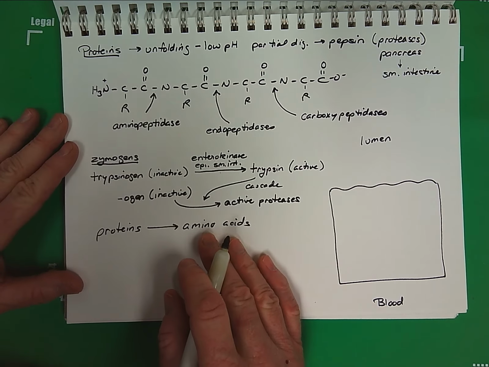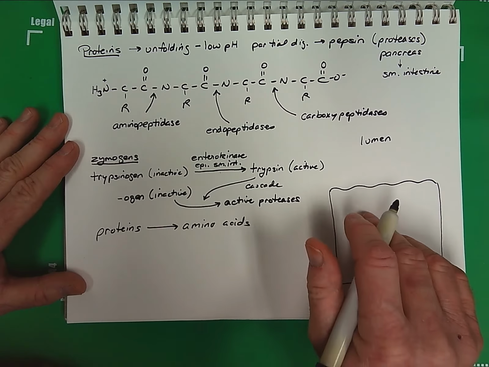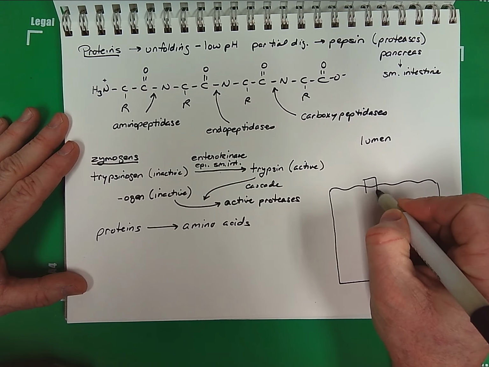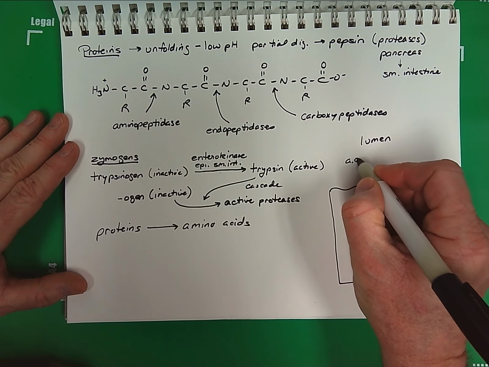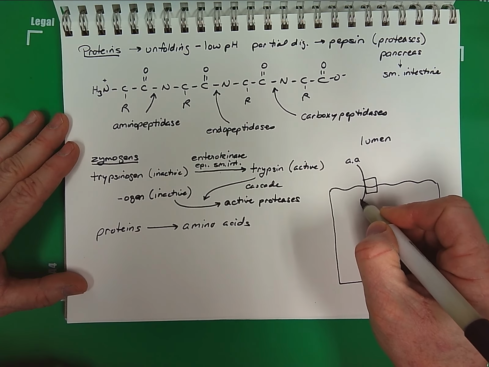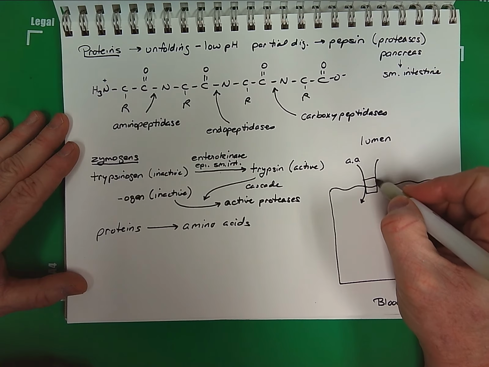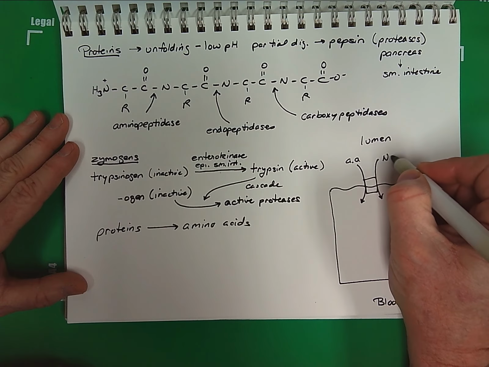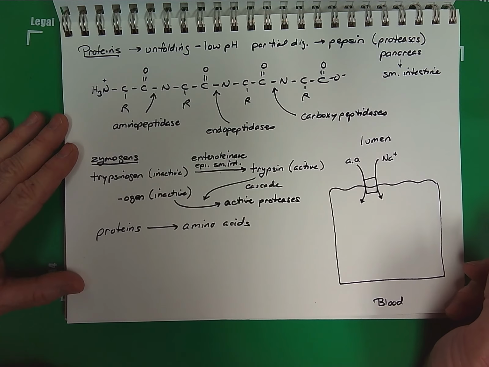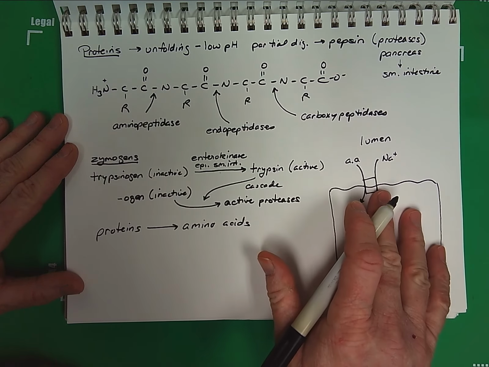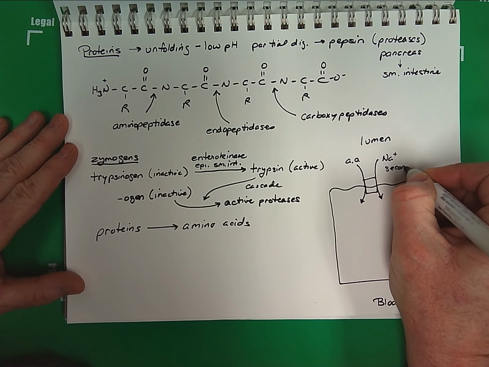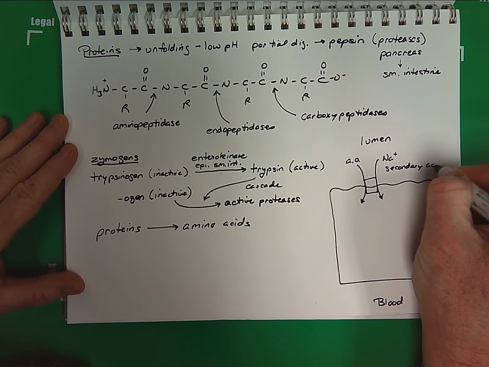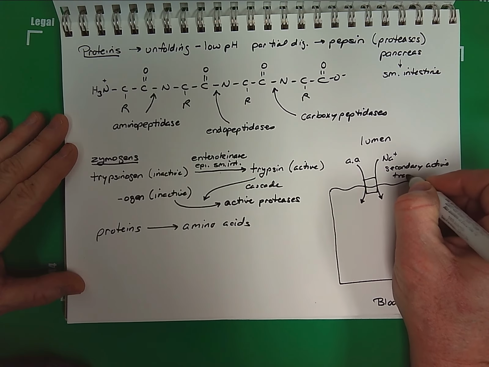These are generally polar or charged, and so these structures will also need a transporter. This transporter will bind amino acids, and it will transport them in conjunction with sodium. So, in a similar process as we saw with glucose uptake, this is secondary active transport.